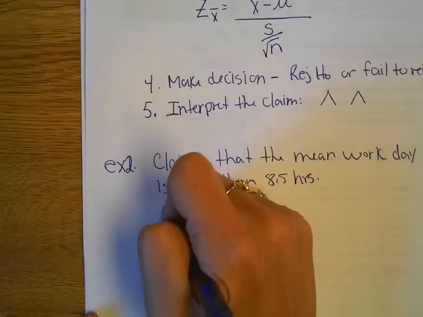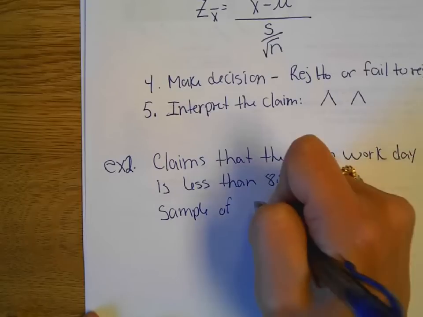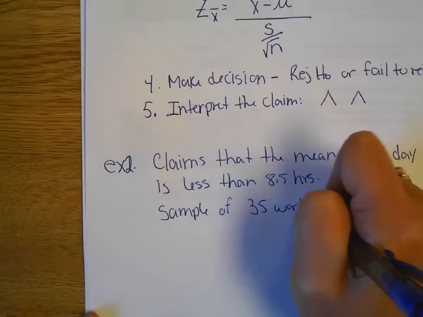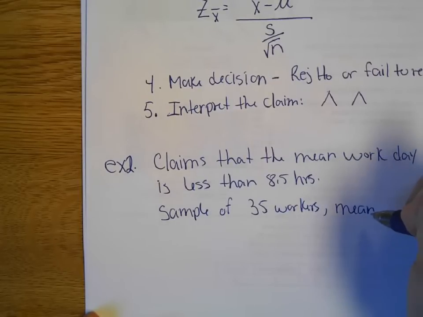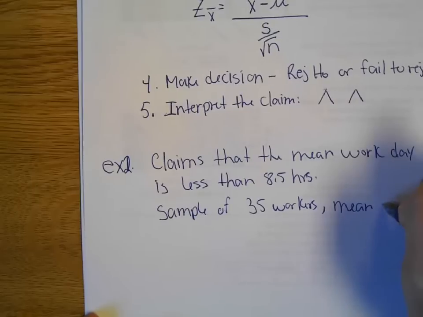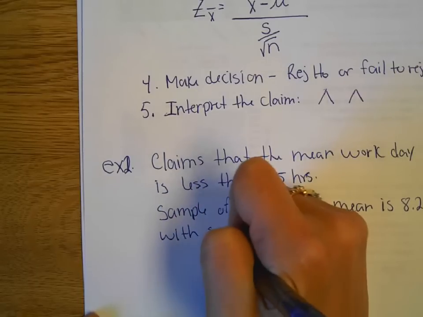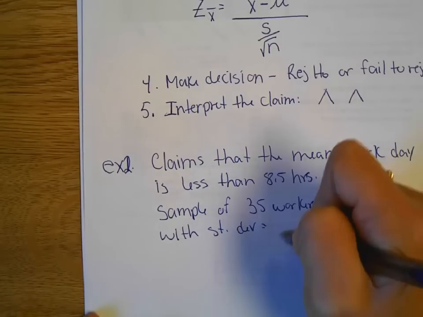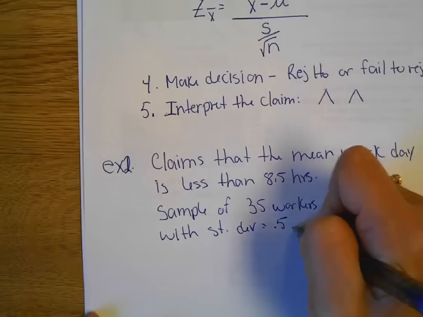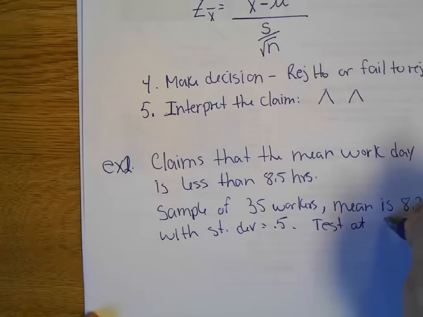To test the claim, you take a sample of 35 workers, and you find that their mean workday is 8.2 hours with standard deviation 0.5 hours. You're going to test at alpha equal 0.01.